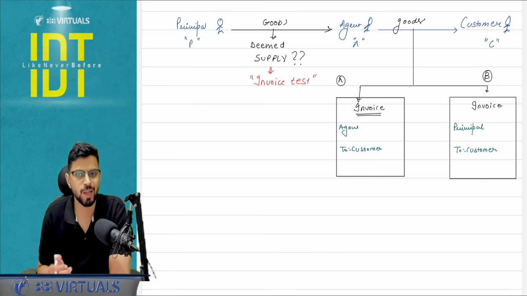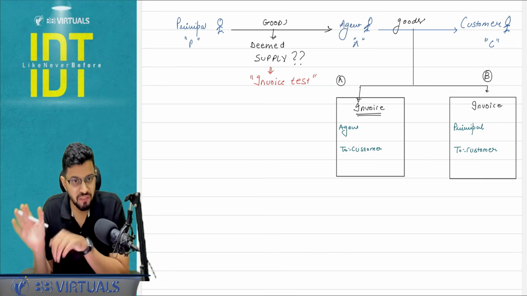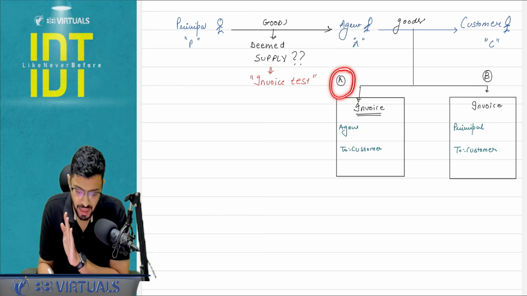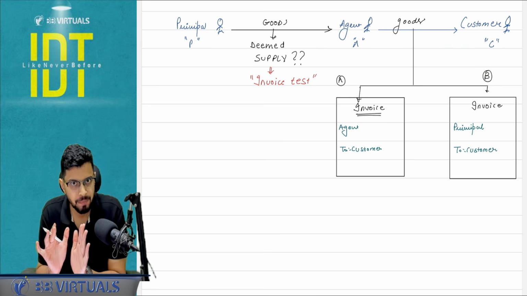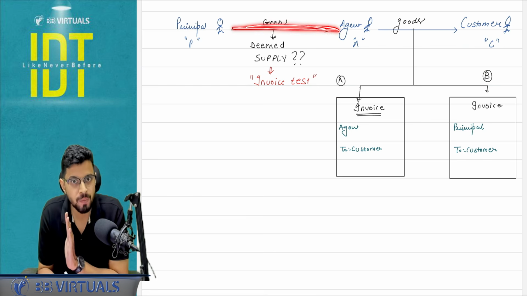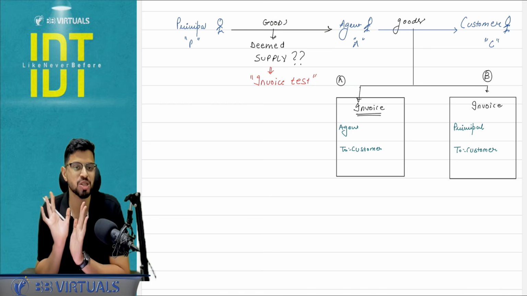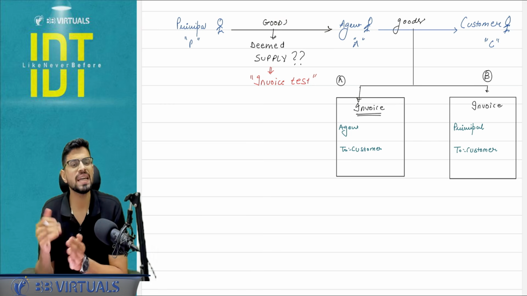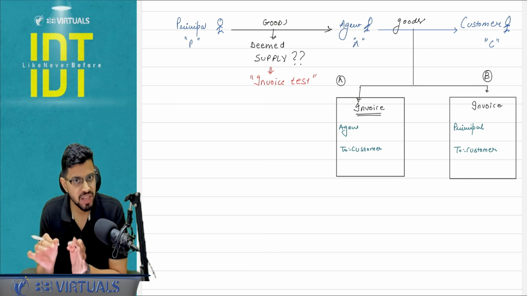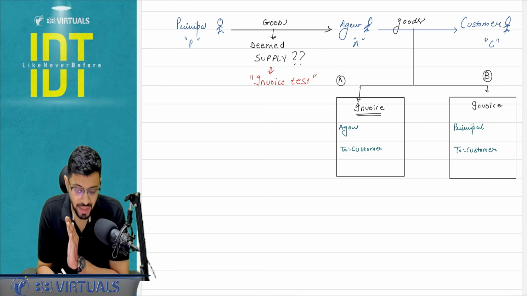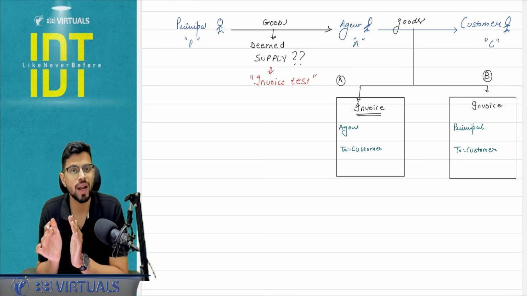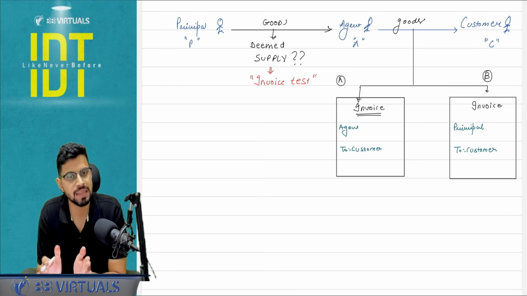Now let's apply the logic. In which case, case number A or case number B, do you feel that this transaction should be a supply without consideration? Or legally, in which case do you feel that this will fall under the ambit of paragraph number 3, Schedule number 1?